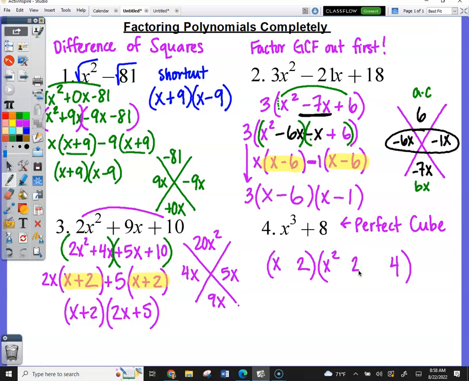Is it double for it? I think it's 2 minus 2x. It's multiplying together. Is this an A? This is so annoying.